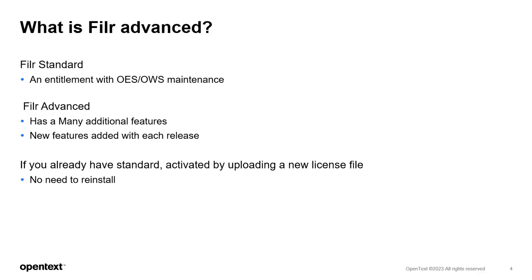But there are a number of additional features that Filr Advanced can give you. If you're already running Filr Standard, it's very easy to upgrade to Filr Advanced. You just need to add that new license. There's no need to reinstall or anything, so it takes a minute or two to actually come up to Filr Advanced. So let's just have a look at some of the features that you've got there.